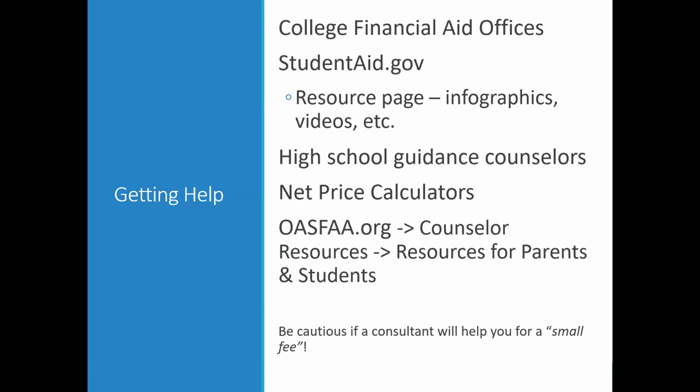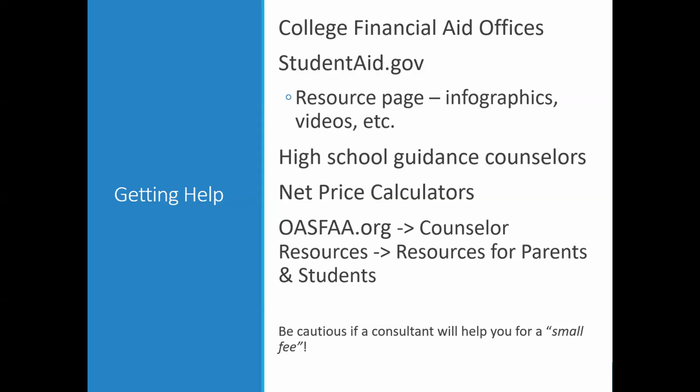All right. We are almost done, and we just want to make sure that you have some information on getting help. So some things you want to look at for assistance when you're looking at financial aid is the college financial aid offices. Studentaid.gov has a vast amount of information.